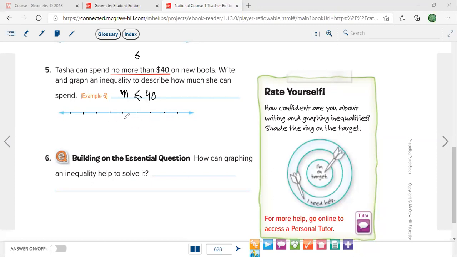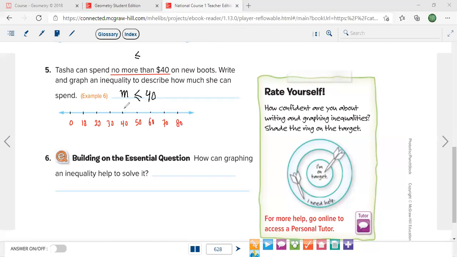Imagine that you wrote here a scale of 10. So 0, 10, 20, 30, 40, 50, 60, 70, and 80. Smaller than or equal to 40.